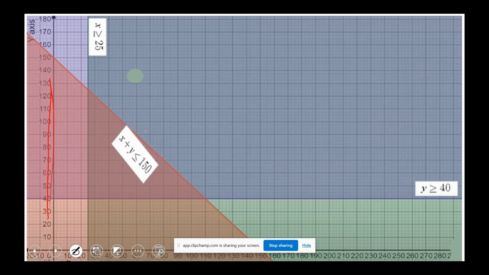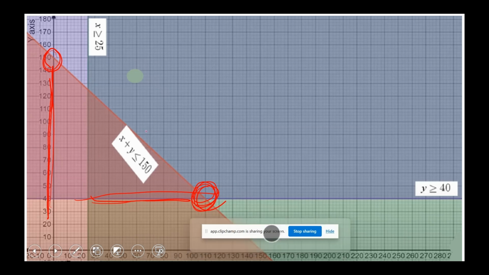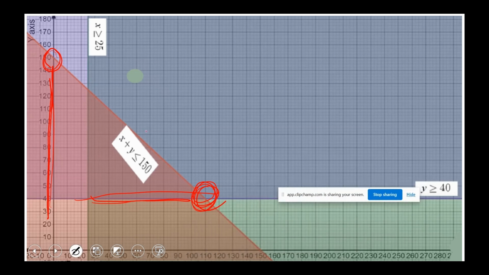We put 150 on the y-axis and 150 on the x-axis, and this particular line is made.